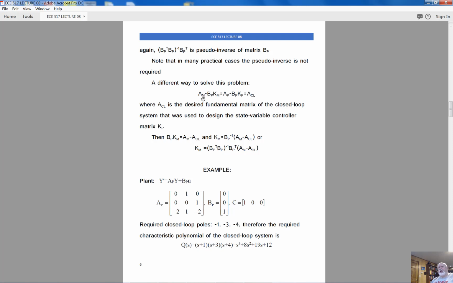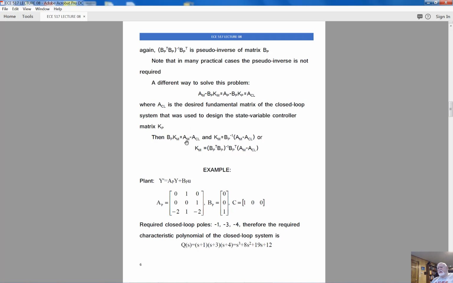You know, AM minus BP Km is equal to AP minus BP Kp. But AP minus BP Kp is nothing but a fundamental matrix of the closed loop system. So later we should be able to work not with AP, BPKP, and AM, but we should be able to use this expression.